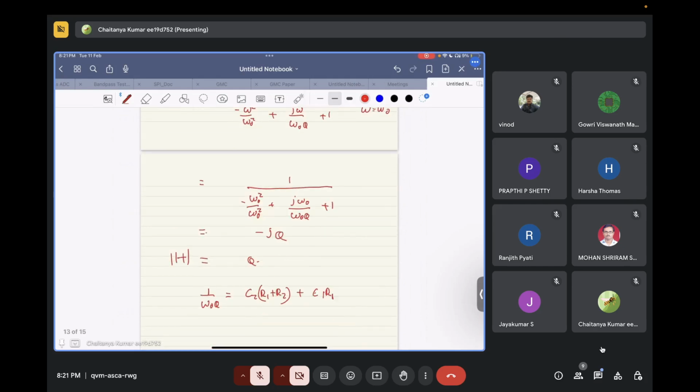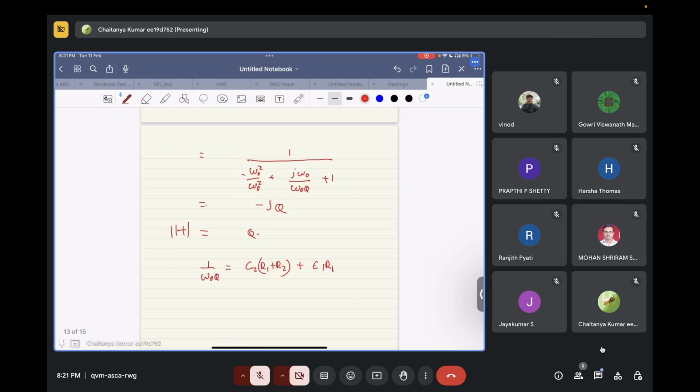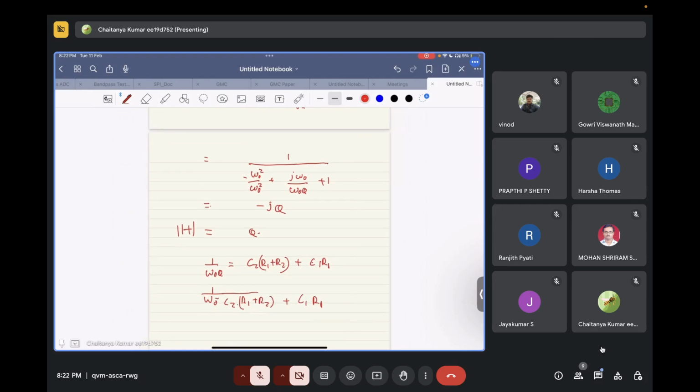Correct? So what is the value of Q you get from here? Q is equal to 1 by omega naught times C2 (R1 plus R2) plus C1 R1.